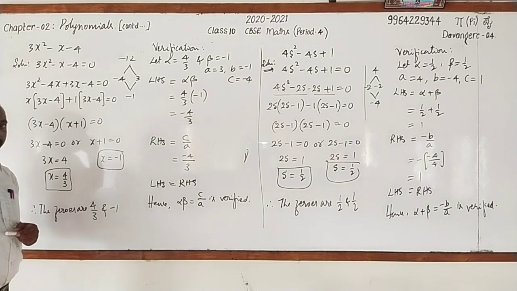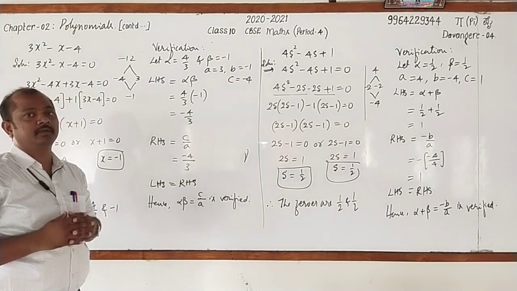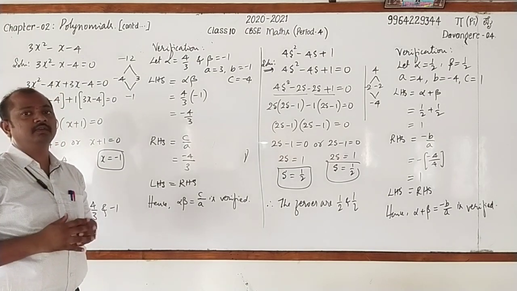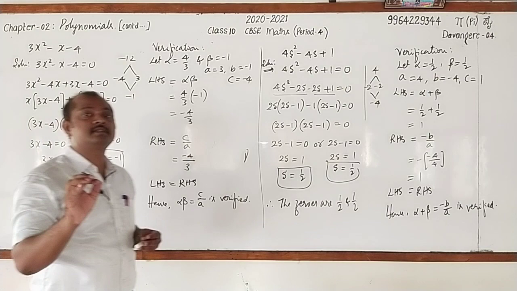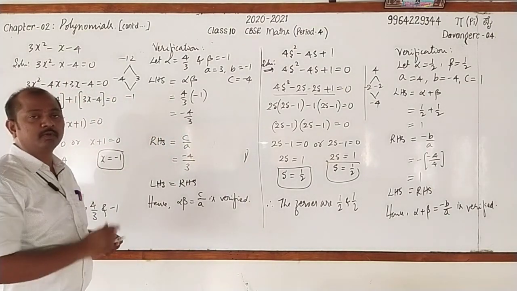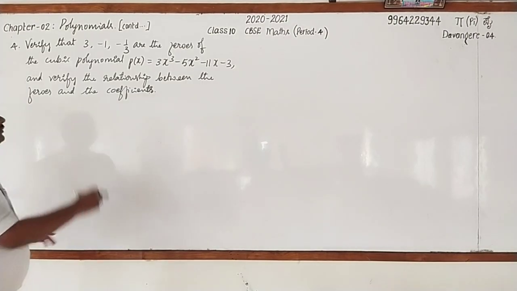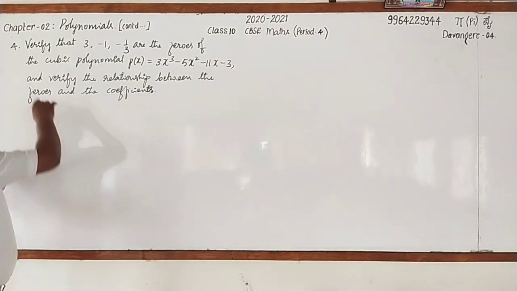In the next problem, this time we are going to take the problem related to cubic polynomial. Some numbers are given. You are going to check whether these numbers are zeros of the cubic polynomial. Let me go for writing the given question. Now observe. Fourth one.